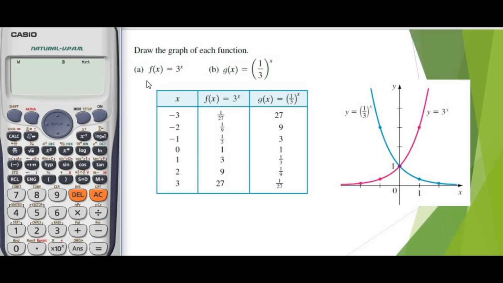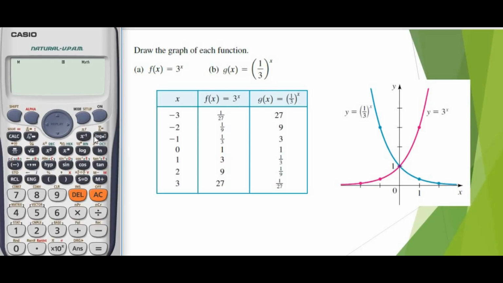And by the way, we already have the corresponding values for these different functions from -3 to +3. Now anyway, to make our life easier, I will show you how to create this table using your calculator. If your calculator has a table function, then you can easily create this table here.